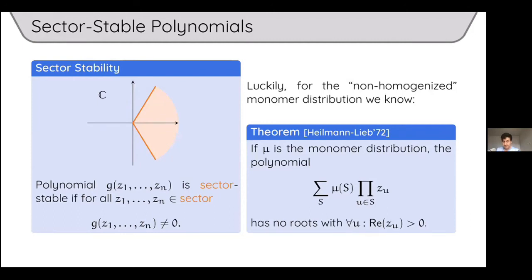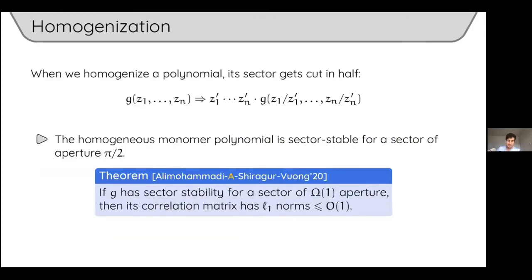Okay. But it's really actually important in the spectral independence framework to have a homogeneous polynomial. You always have to make your distribution over size-k sets out of a ground set of n elements. And this is not a homogeneous polynomial. So the operation I mentioned earlier for homogenizing a distribution, you can actually do it to the polynomial too. And the way it works on the polynomial is you introduce an extra set of variables.